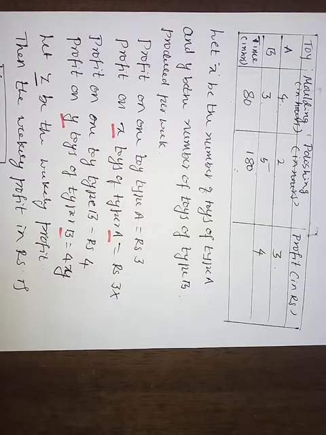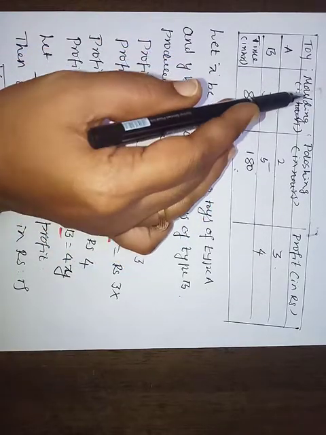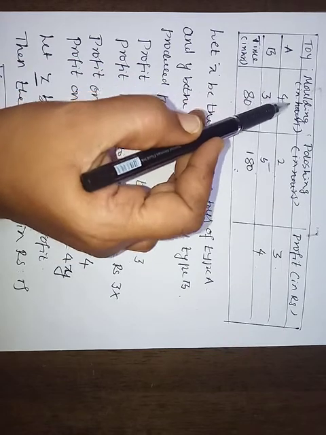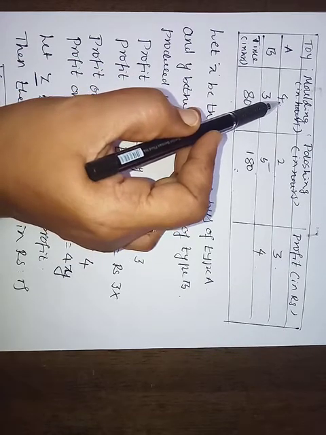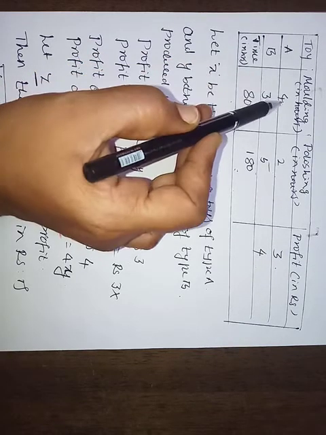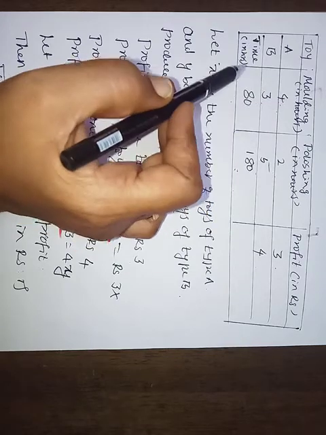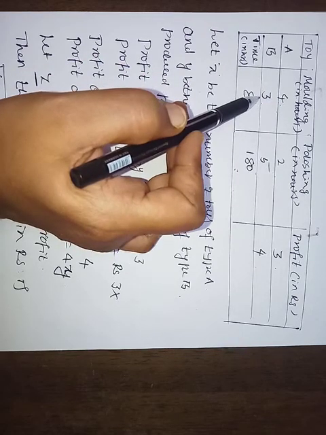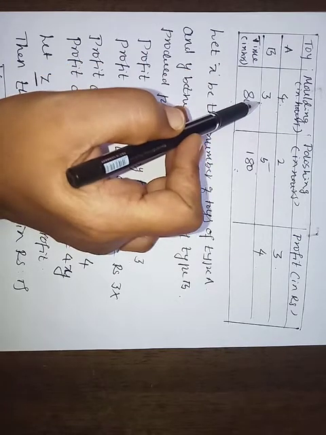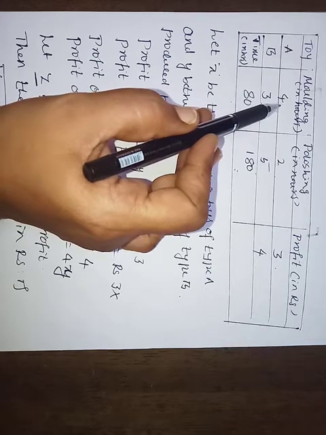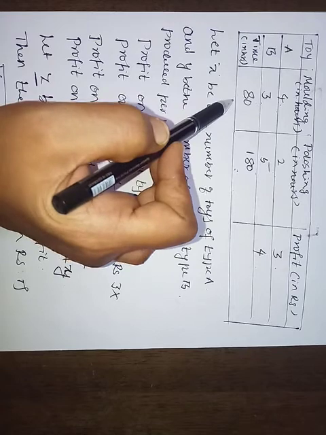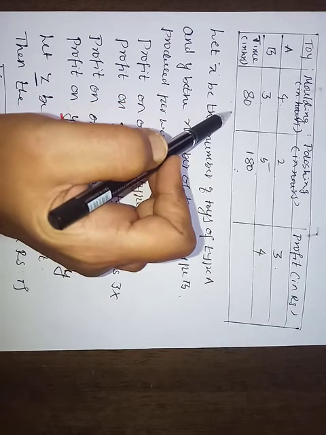Next, for the molding constraint: it takes 4 hours for a type A toy, therefore we write 4x. It takes 3 hours for a toy of type B, therefore we write 3y. So it is represented as 4x plus 3y, and the maximum time is 80 hours in a week.